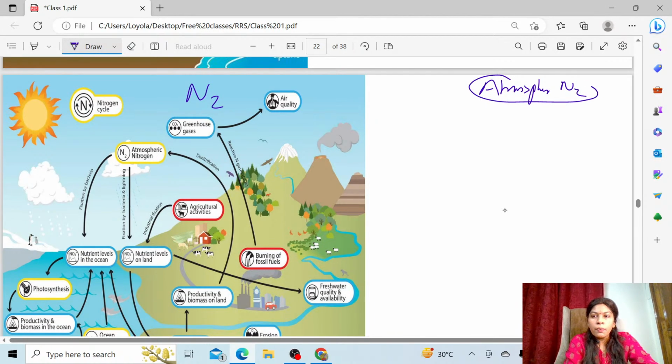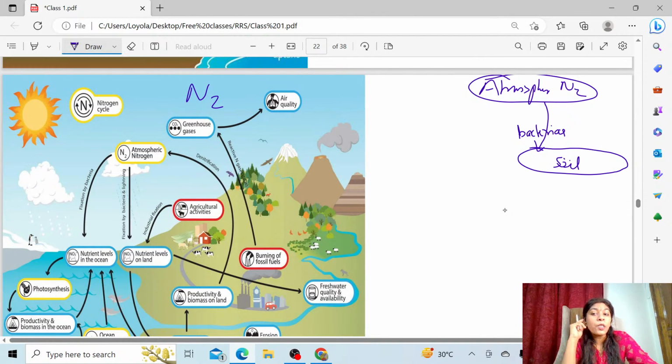This nitrogen has to come to the soil to be used by plants. How is it reaching the soil? By the action of some bacteria which will absorb the atmospheric nitrogen. Bacteria like rhizobium we have discussed in the interaction session. Same way bacteria like frankia, do you remember, we discussed in the interaction session, they will help.